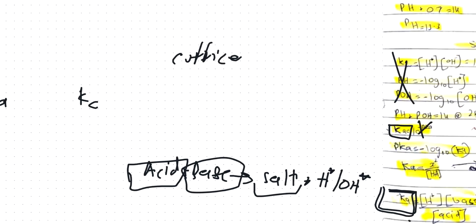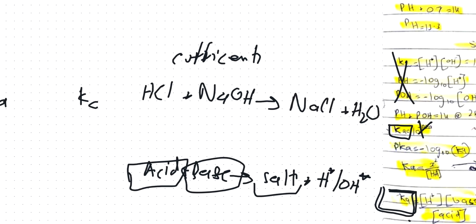So if I had HCl reacting with NaOH, and I made the salt, which is NaCl, plus water, how do I balance this? I have one Na, I have two H. So this is balanced. So let's say that I have two for the sake of this argument. Let's say I had two as the coefficient.